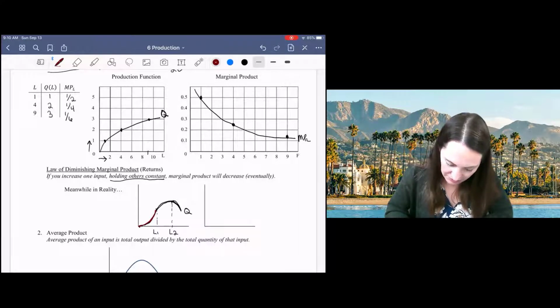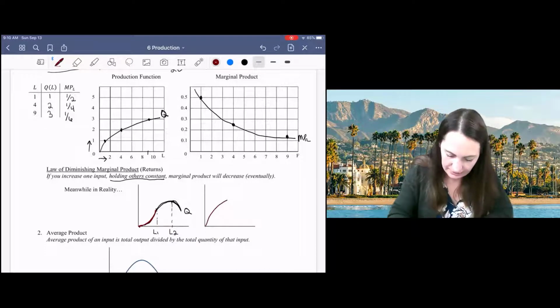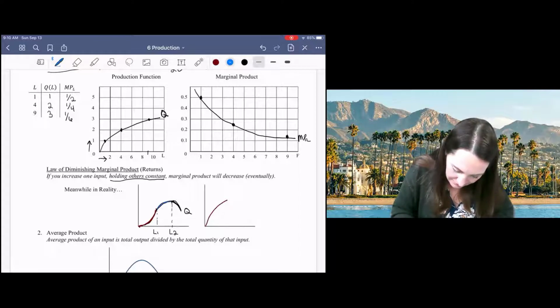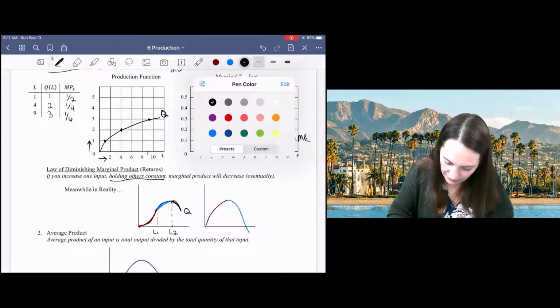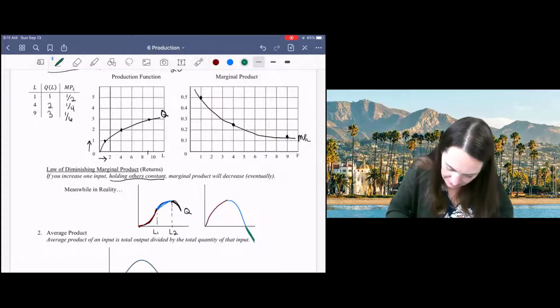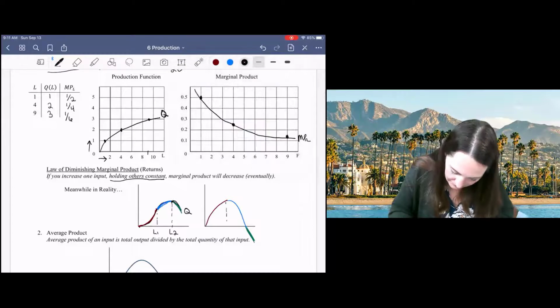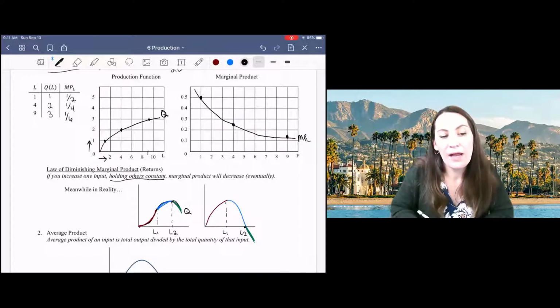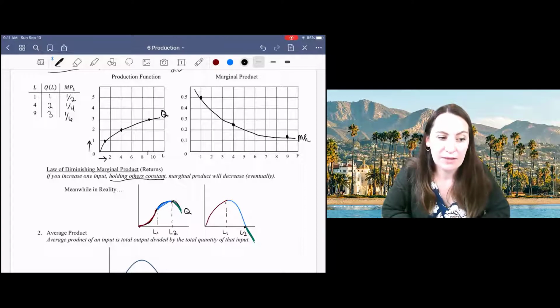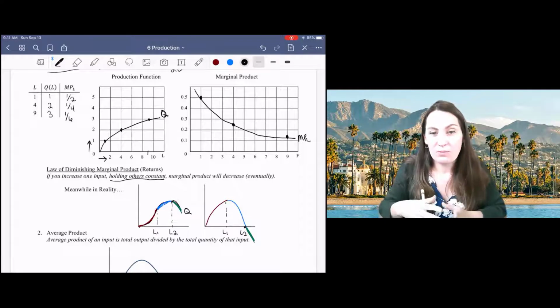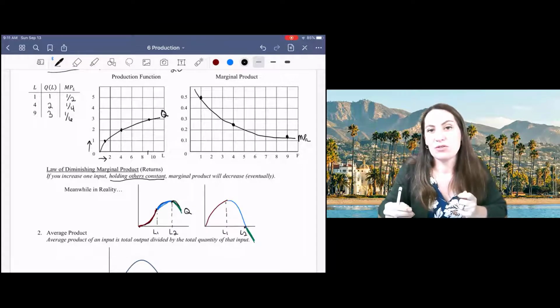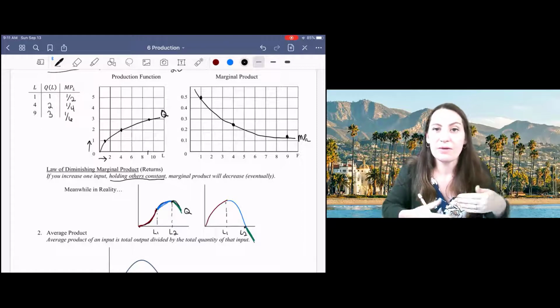So if I were to graph my marginal product, it's positive and increasing. Then here I have decreasing marginal product. And then eventually my marginal product becomes negative. The point of the law of diminishing marginal product is that as we add more and more of our input, eventually the marginal product will be decreasing. At first it might be increasing, but eventually it will be decreasing.